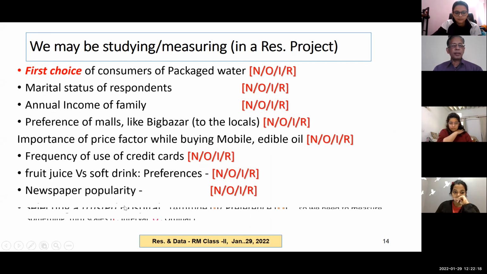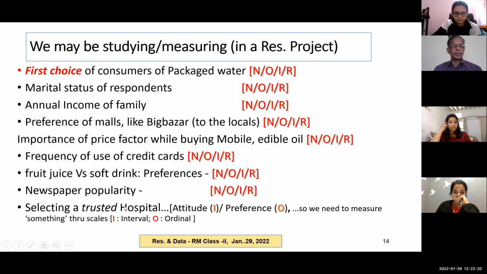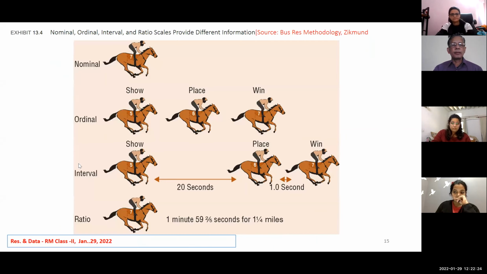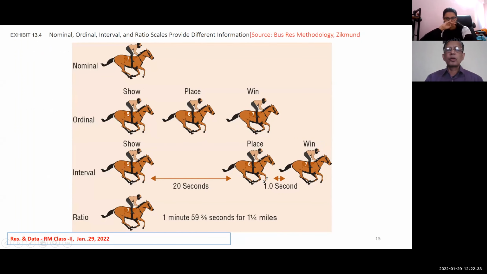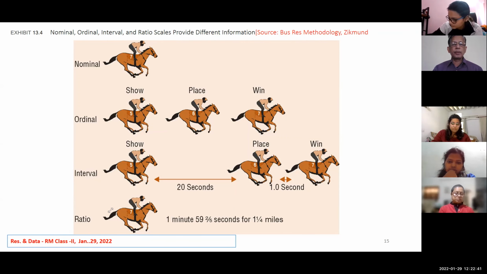So after having so many examples, I believe at least it was very clear. Okay. Now please look at this exhibit and the next exhibit, which I borrowed from my favorite book on research methodology, Zikmund. Is this picture making any sense?